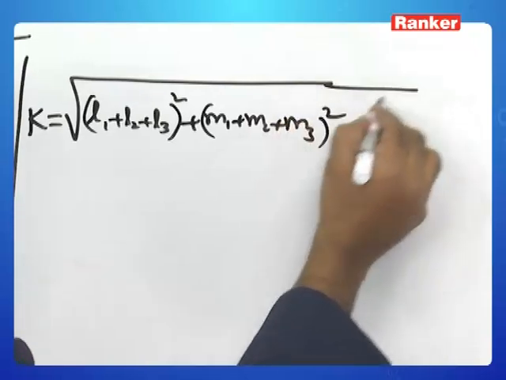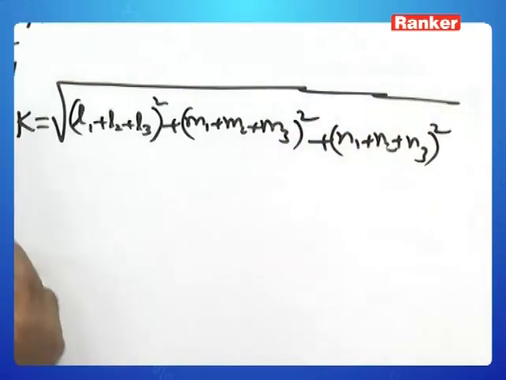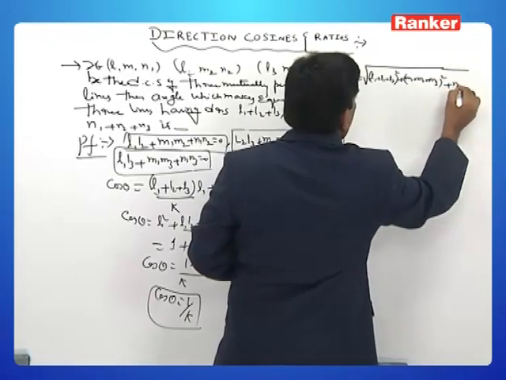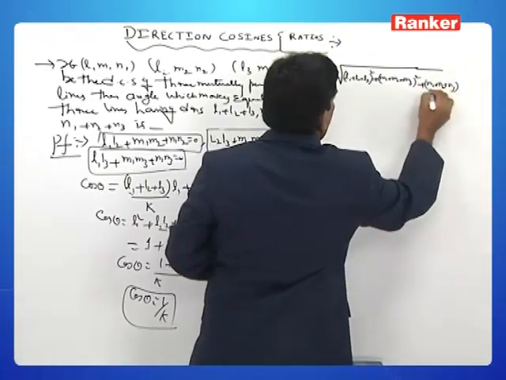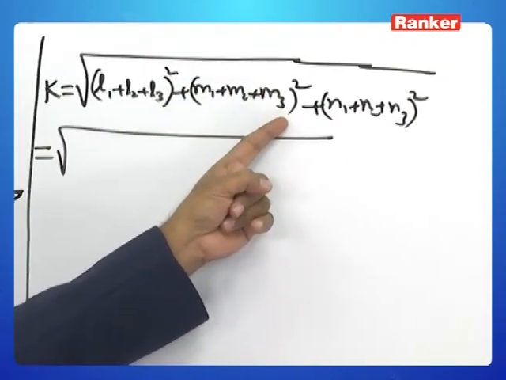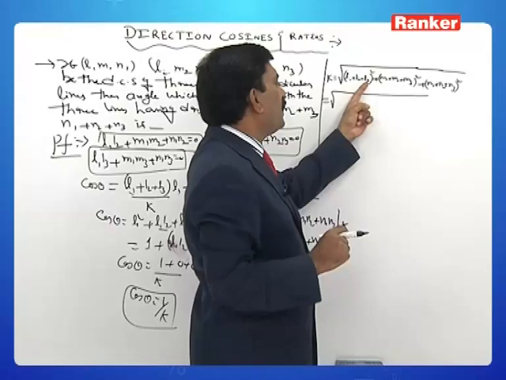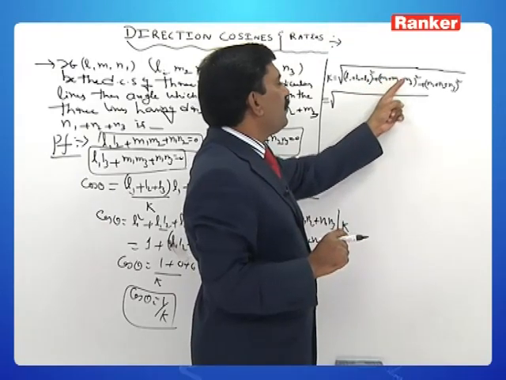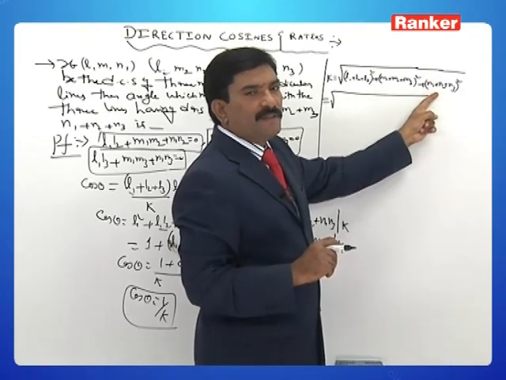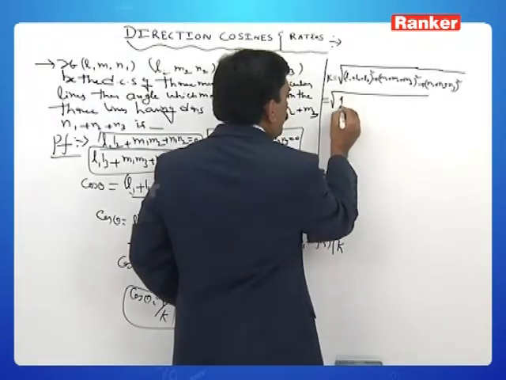So therefore, (L1 + L2 + L3) whole square, this is (M1 + M2 + M3) whole square plus (N1 + N2 + N3) whole square, right? Now this is nothing but, expand it: L1² + L2² + L3², M1² + M2² + M3², N1² + N2² + N3². L1² + M1² + N1² is nothing but 1.